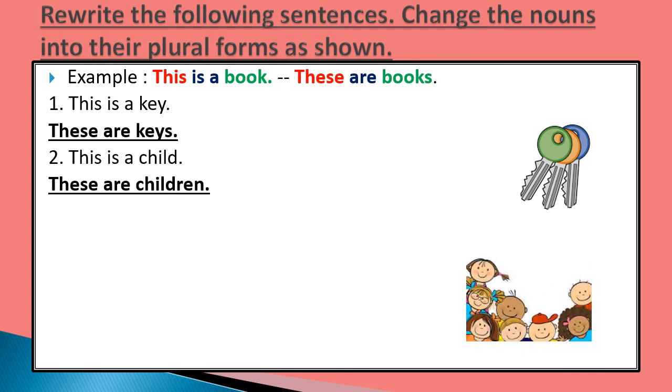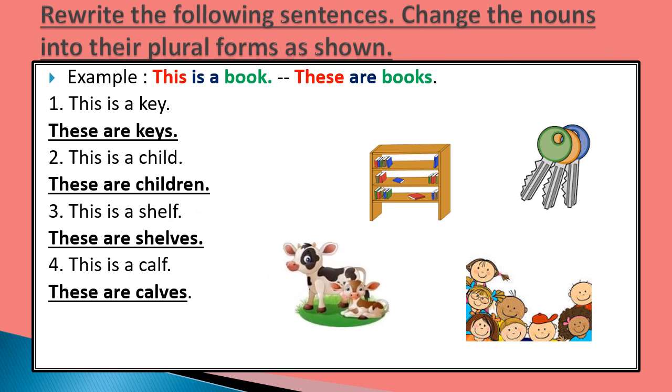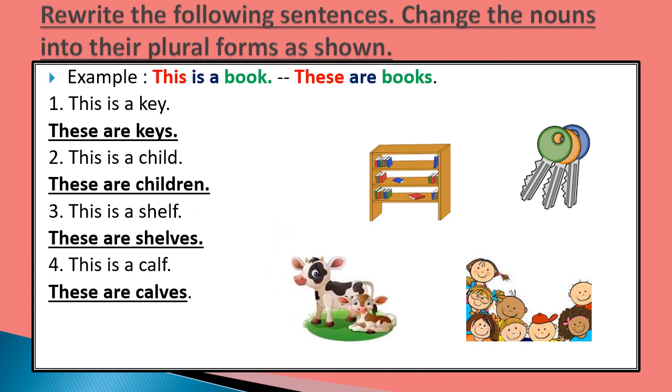Sentence number 2. This is a child. These are children. Same changes in the sentence. Sentence number 3. This is a shelf. These are shelves. Sentence number 4. This is a calf.